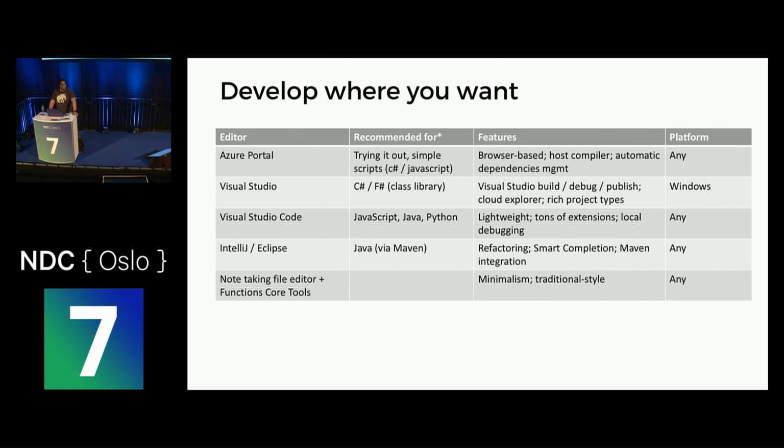But anything you're doing that will have the words production associated with it, you're going to want to use one of these other editors, because then you can do things like source control and continuous integration and automated testing and all of the best practices that you've been hearing about. So Visual Studio, this is perfect for C#, F#, anything .NET related.